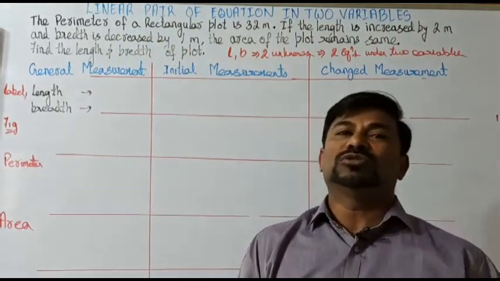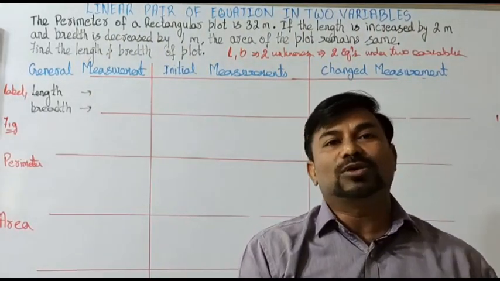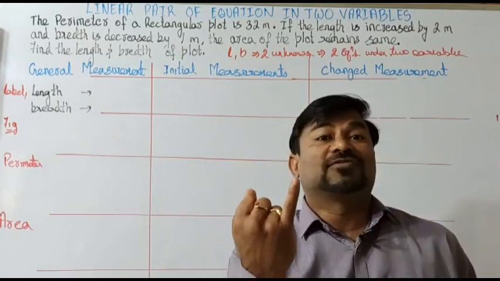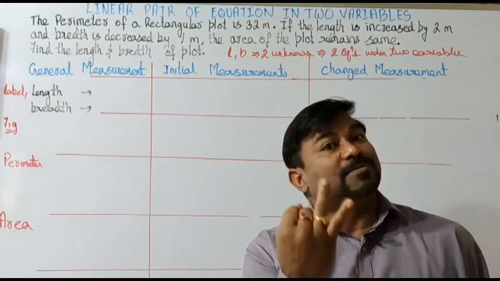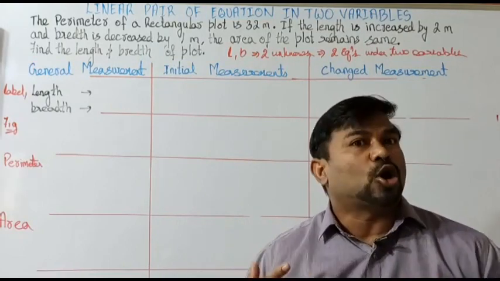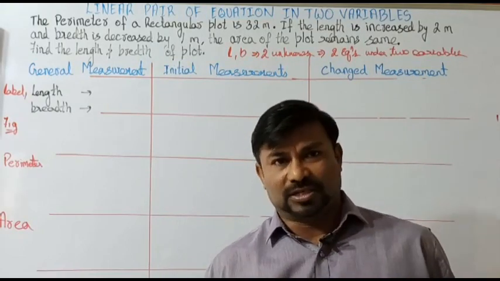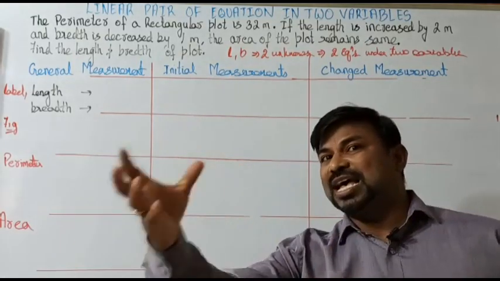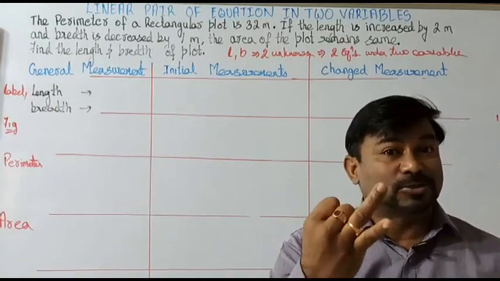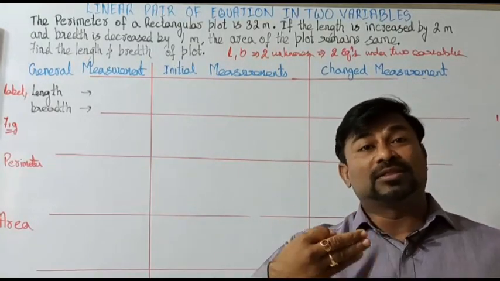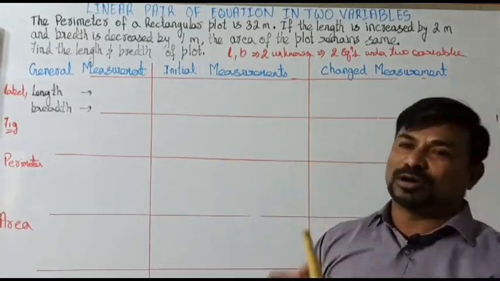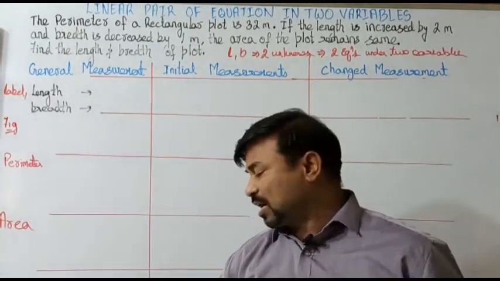After getting those equations, we can solve them by whatever method we know, or if it is specified, in the graphical method, substitution method, elimination method, reciprocal method, or cross-multiplication method. We have many methods. Based upon the question, you can choose any one of these methods, and based on the situation, we will do that.